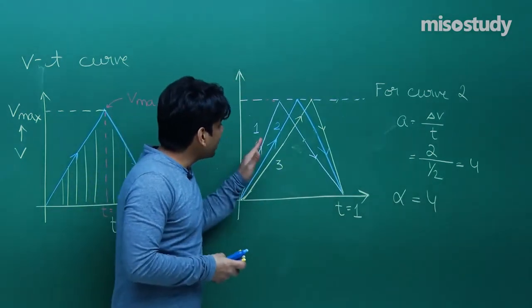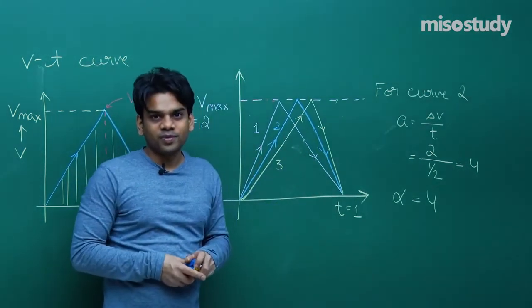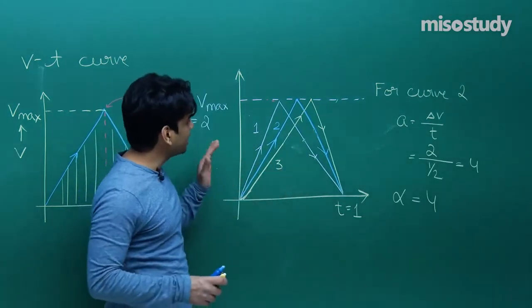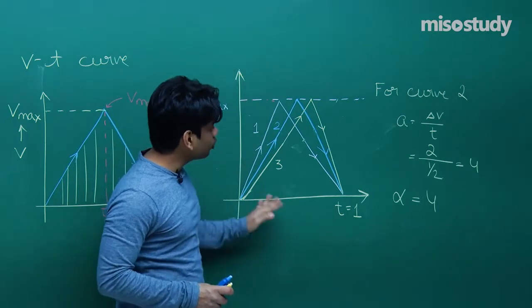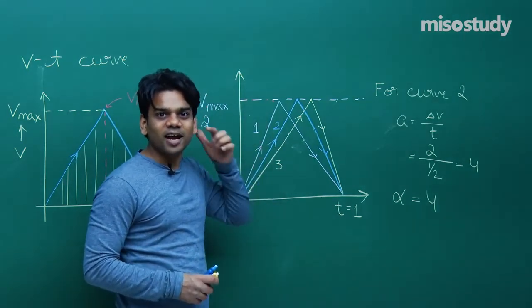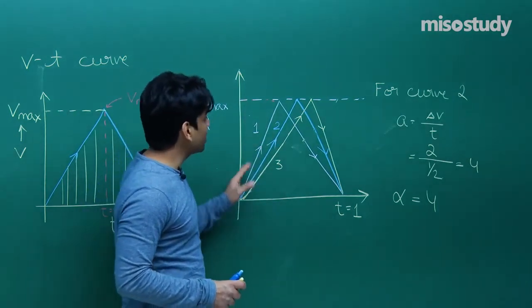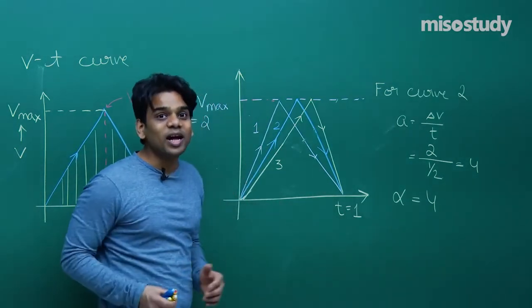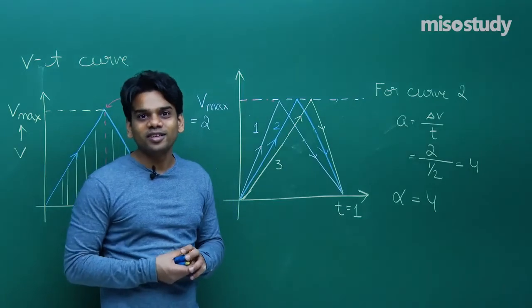Now the possibility can be any of the curves, since displacement is 1, because base into height will be the same for all the 3 triangles that I have drawn here. So displacement will be the same in all the 3 cases. Now you all see what is the value of acceleration in each of the 3 cases.